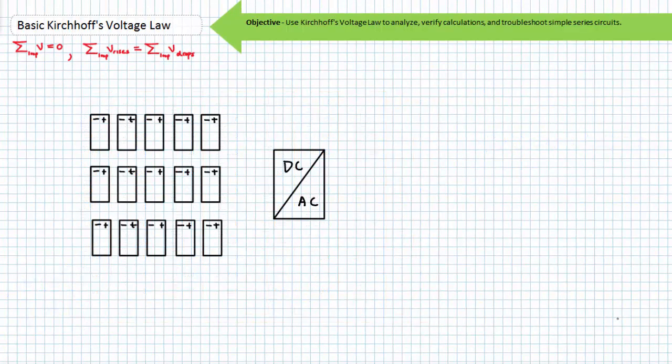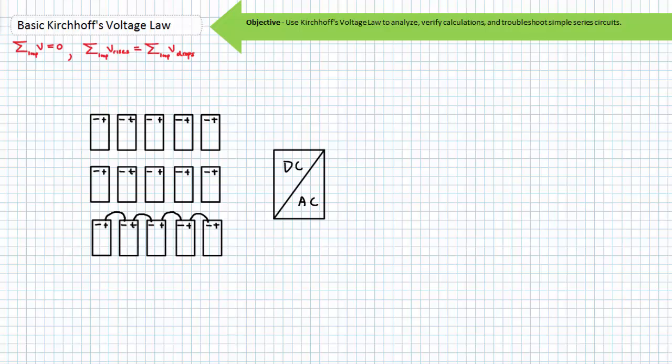Lest you think these series aiding configurations are confined to the automotive world, consider a photovoltaic array, where at certain illumination conditions, each solar panel can be ideally modeled as an identical DC voltage source. Let's say we've got 15 PV panels, each panel having an output voltage of 31 volts. To hook up a series aiding string of PV panels, take the first one's positive terminal and hook it to the next one's negative terminal, and continue in this fashion throughout the array.